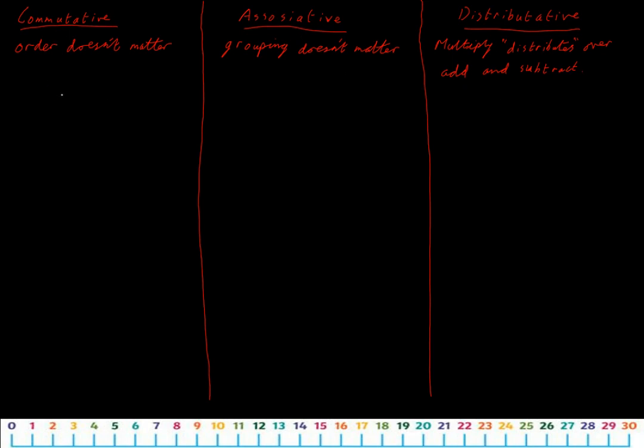with our Commutative Rule, and it's very straightforward. All it means is, does the order matter? Does the order of our operations matter? So what do I mean by that?